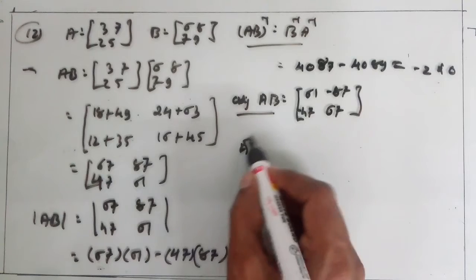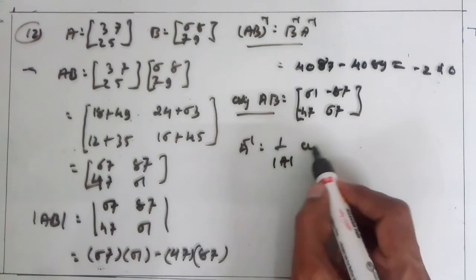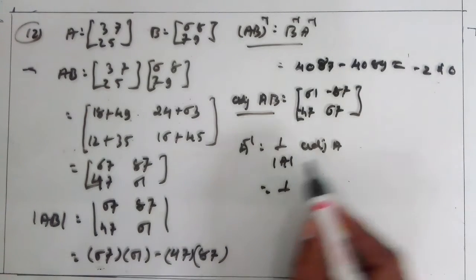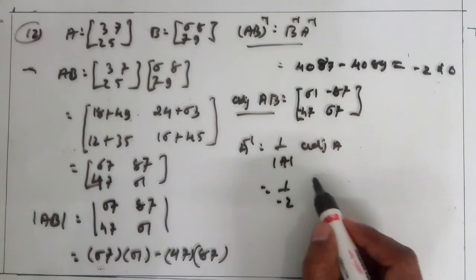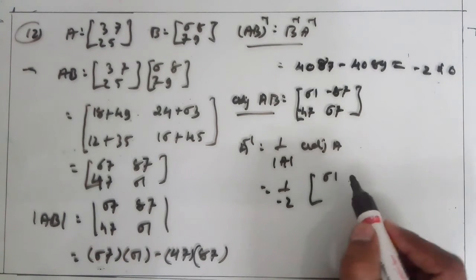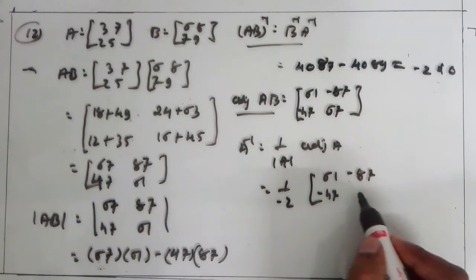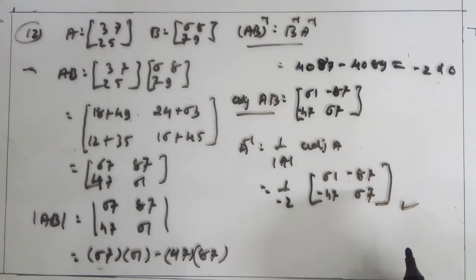So A inverse is equal to 1 upon determinant of A into adjoint of A. So it is 1 upon the determinant, which is minus 2, into the adjoint, which is 61, minus 87, minus 47 and 67. So this becomes the inverse of AB.